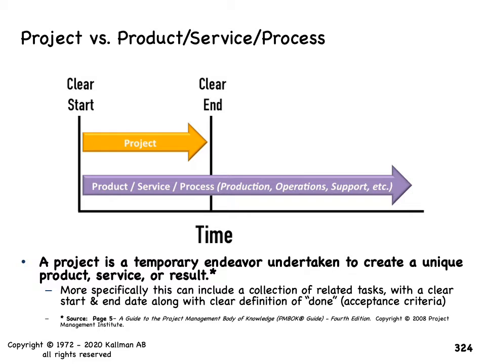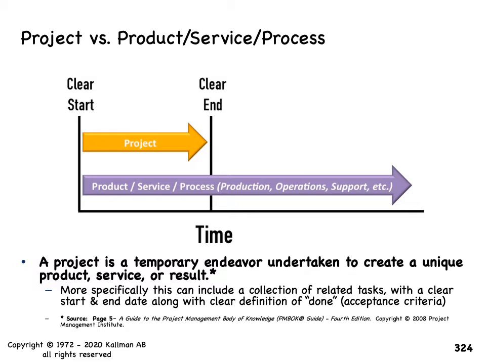If you look at, for example, old editions of the Scrum Guide, you'll notice that originally they talked about product, service, or result. And that pretty much aligned with the PMBOK Guide from back in 2008, 4th edition, where they talked about a project as a temporary endeavor undertaken to create a unique product, service, or result.